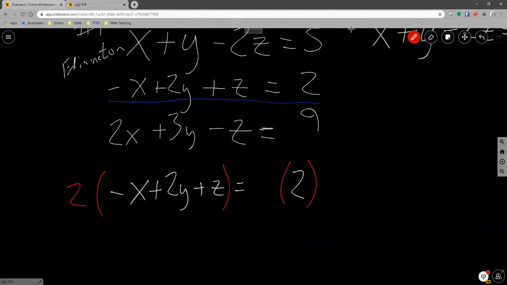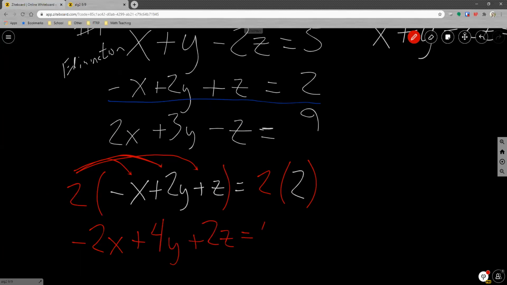So I'm multiplying the entire equation by positive 2. Remember, I have to multiply both sides of the equation to keep everything valid. And then I got to use my distributive property. So I'm going to end up with negative 2x plus 4y plus 2z equals 4. This is my new equation that I created using the original equation number 2.